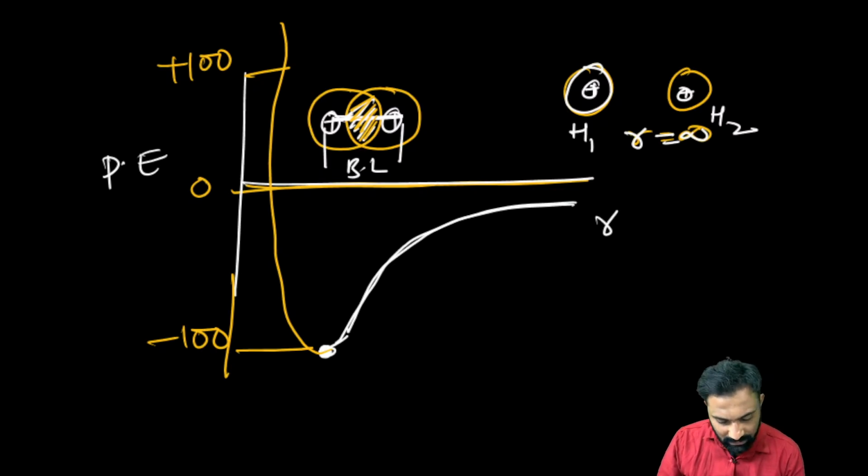Next, as the distance decreases, these two hydrogen atoms overlap in this manner to form one stable covalent bond.